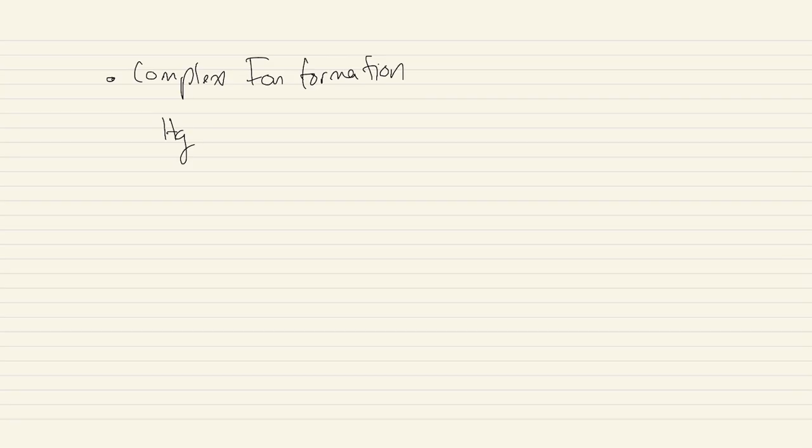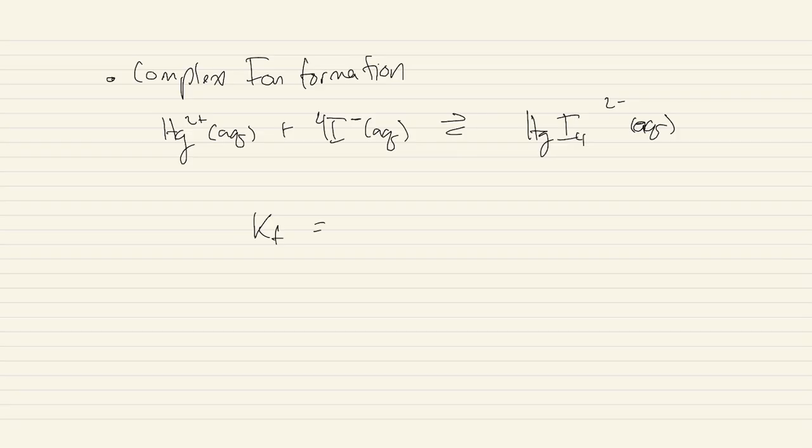We use lead 2 plus aqueous plus 4 I minus aqueous was one of the reactions we looked at, to form PbI4 2 minus aqueous, right? And now we have all three of our products and reactants in what phase? Aqueous, right?